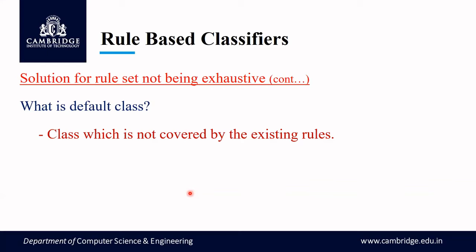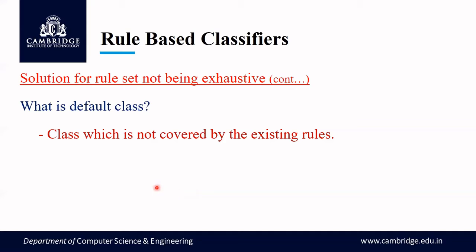Which means in the rule set, among the available rules, you will check for which class label there is no rule defined in the rule set. If we have any such class present, then I will take that class to be the default class.